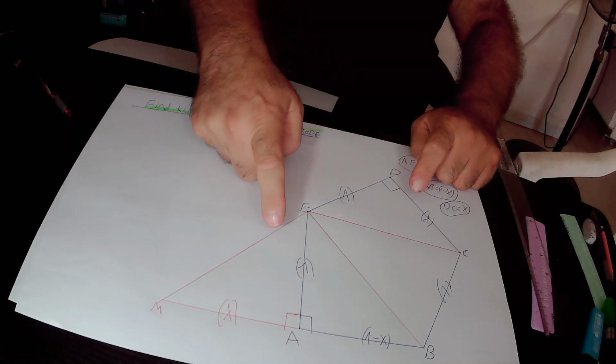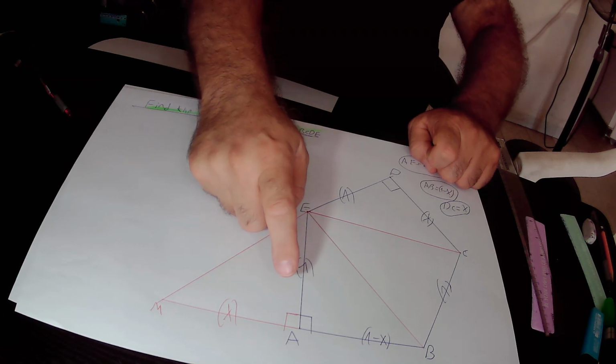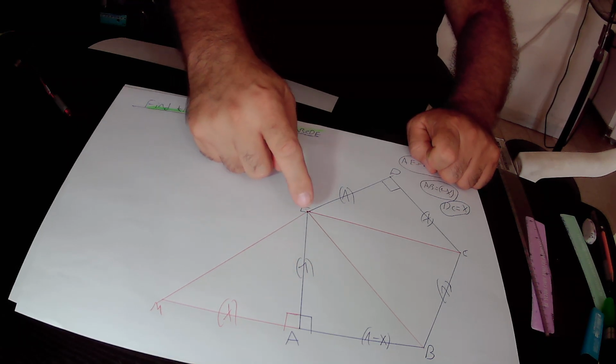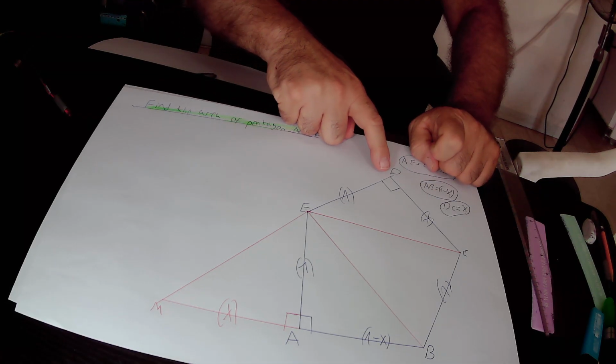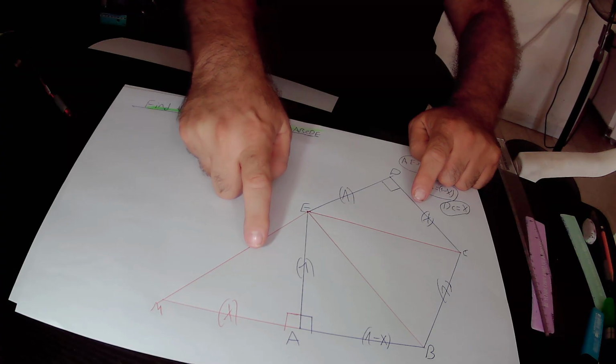And therefore those two right triangles can go into each other according to the side angle side rule.